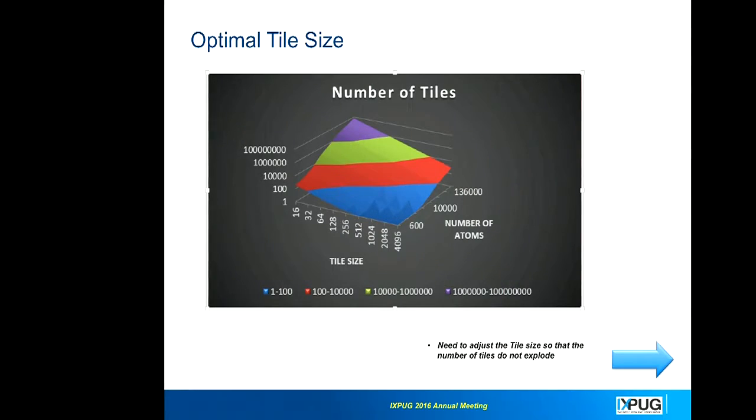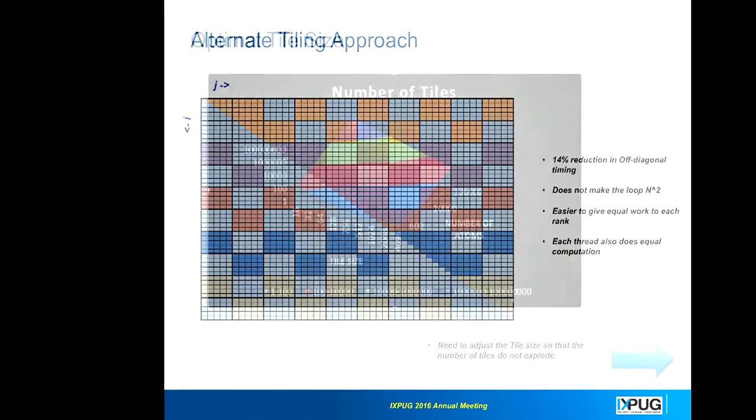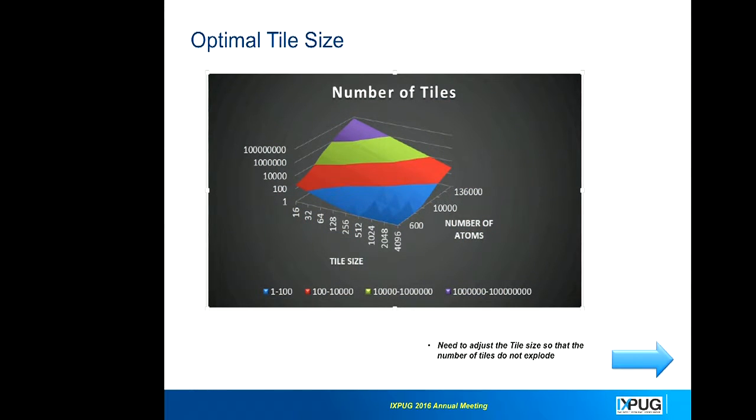Then when we actually scaled, we got very good results with one nucleosome benchmark, which is about 25,000 atoms. When we increased it to 100,000 or 200,000 atoms, we found that it was performing really poorly. What happened is, when we increase the number of atoms and keep a small tile size, the number of tiles is really huge.